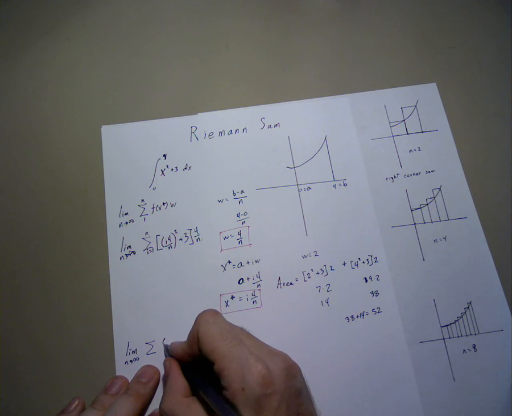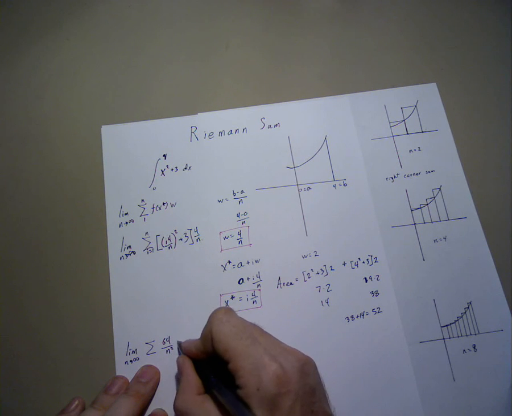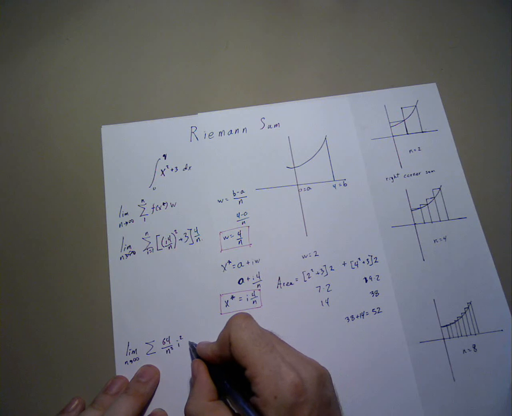We'll take the summation of, let's expand this first. We'll have 64 over n squared, i squared, plus 12 over n.